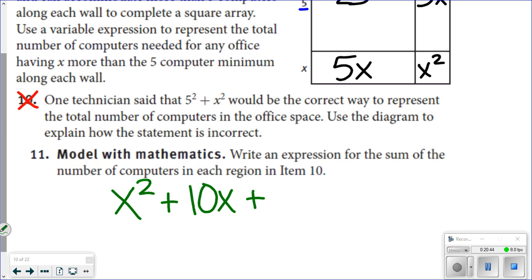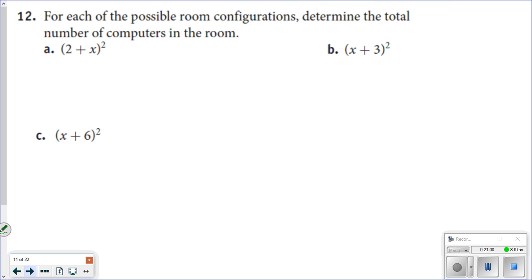And lastly, my constant term is the 25. We are going to skip question 12 for now, and we're going to come back to this when I teach you an easier way to do this.